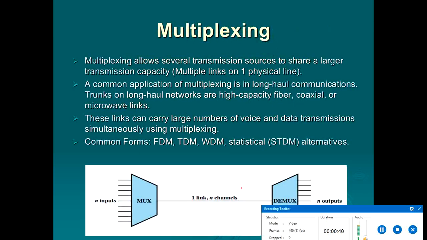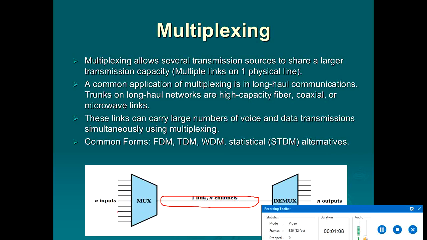Alright, so what is actually multiplexing? We know that the medium, the channel, the link is shared between the various users. So the process of taking the signals from the users and combining them into one signal and then sending that one signal on the shared transmission medium is called multiplexing.